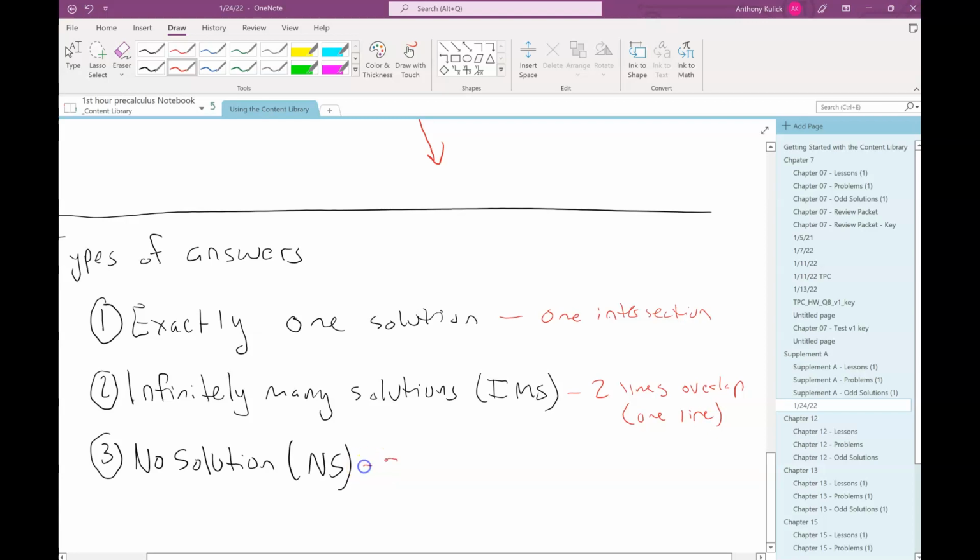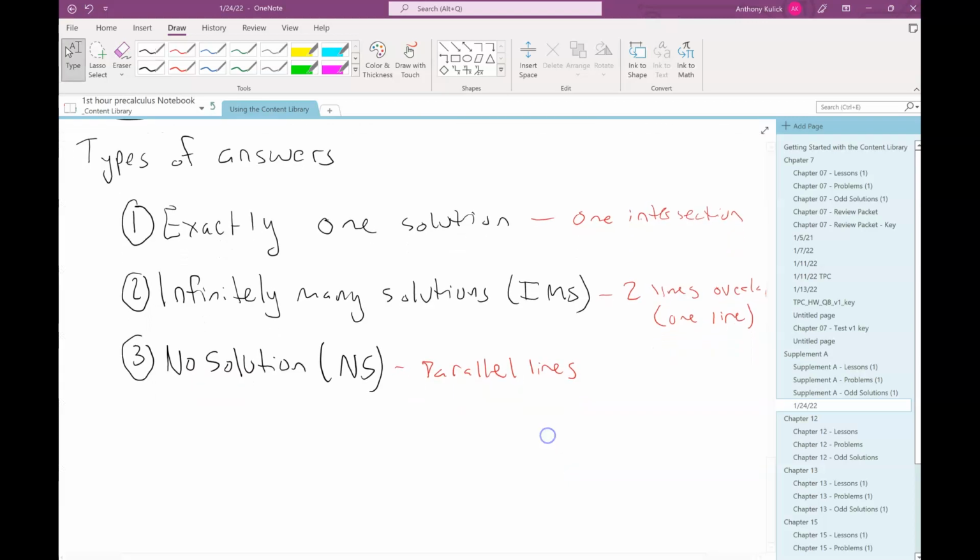And then no solutions is, what does that look like? That looks like parallel lines. Everybody okay there? So let's look at a couple more examples to see some of these other solution types.